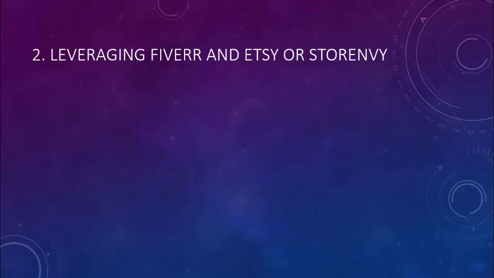So which are the steps that you need to follow in order to start doing arbitrage with this model? First of all, you need to create your account as a buyer on Fiverr or on other platforms offering services similar to Fiverr, because there are other platforms like that out there.